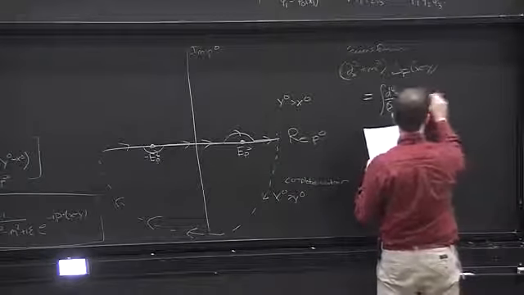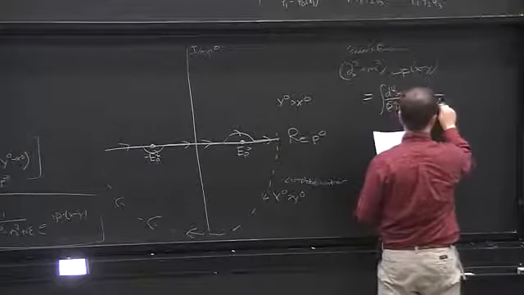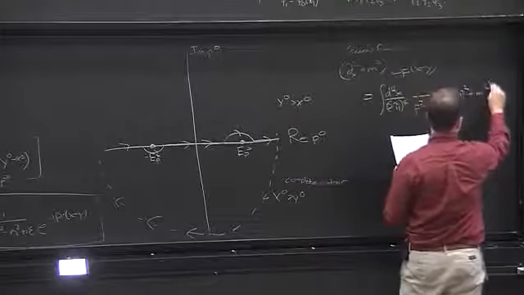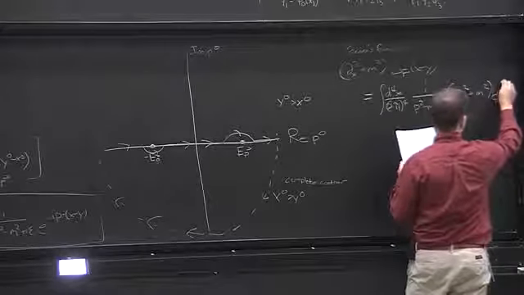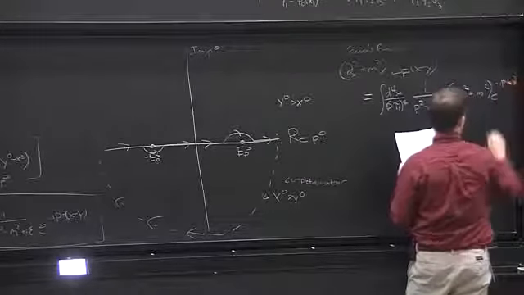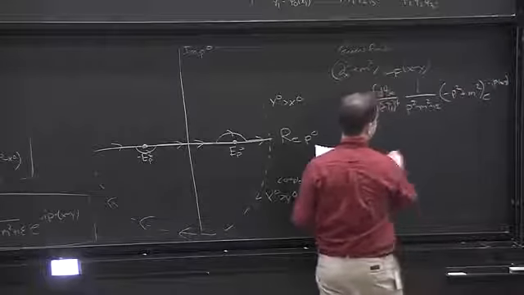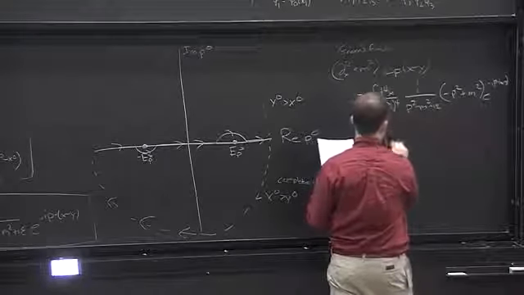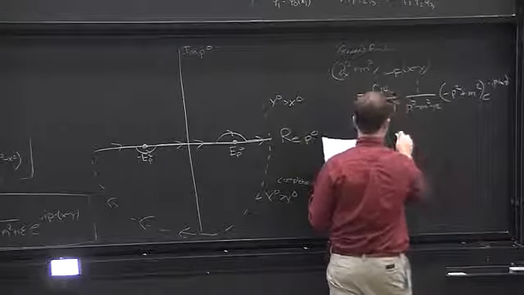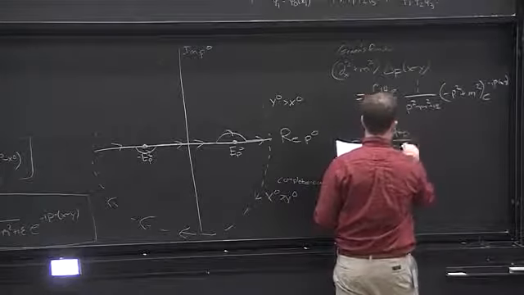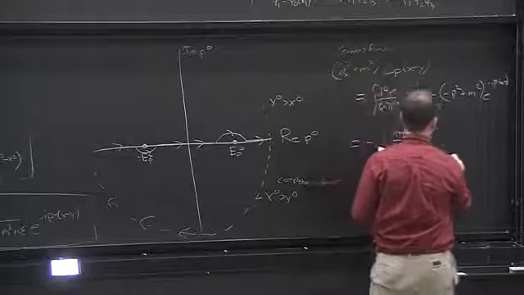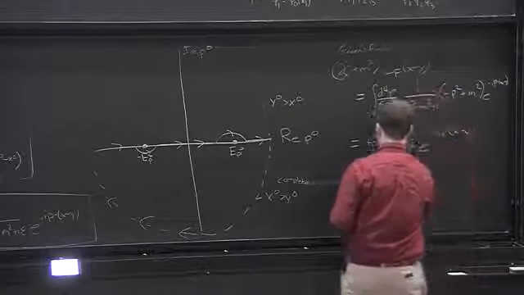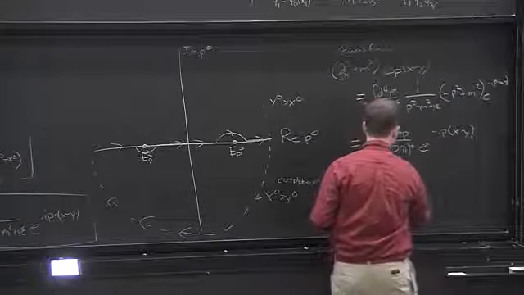So we get i over p squared minus m squared plus i epsilon, times minus p squared plus m squared, times e to the minus i p dot x minus y, which just cancels off, and we're left with minus i times the integral of e to the minus i p dot x minus y, which is just minus i delta.